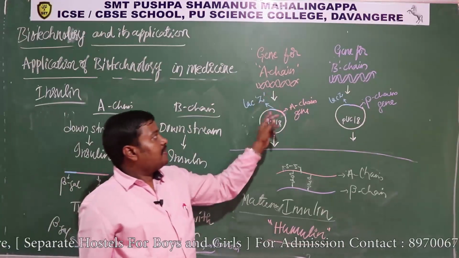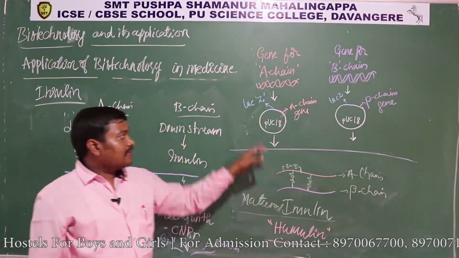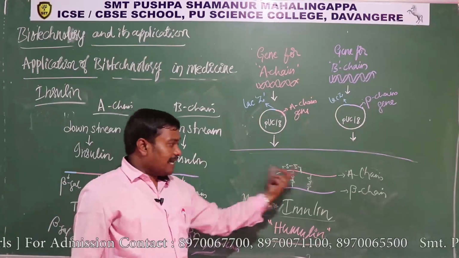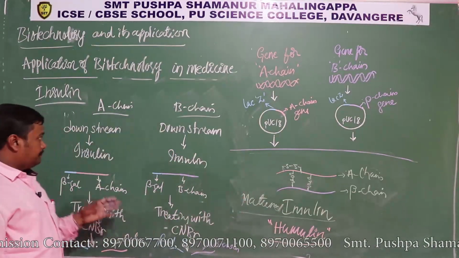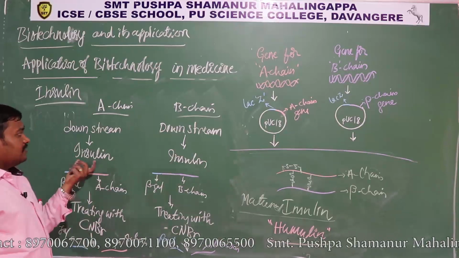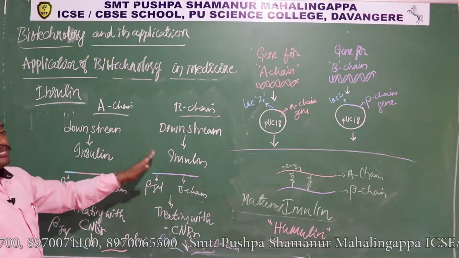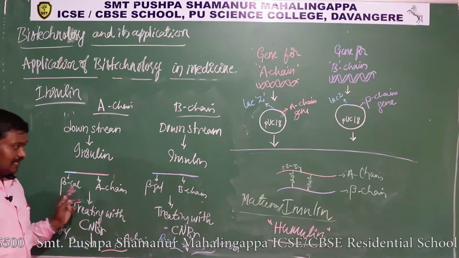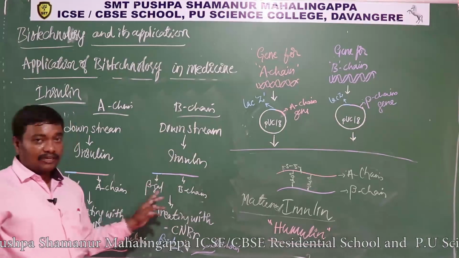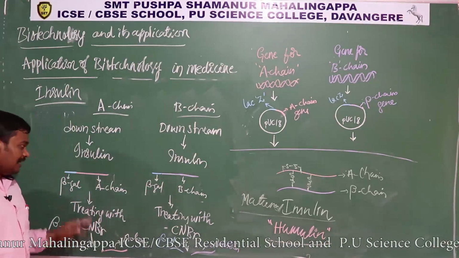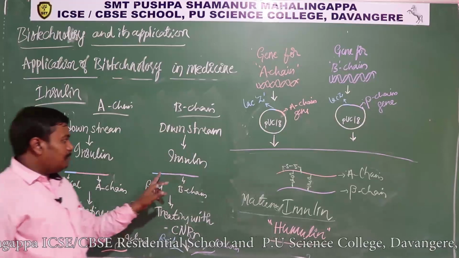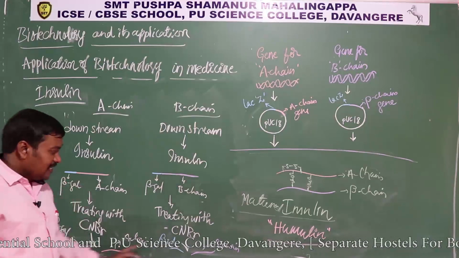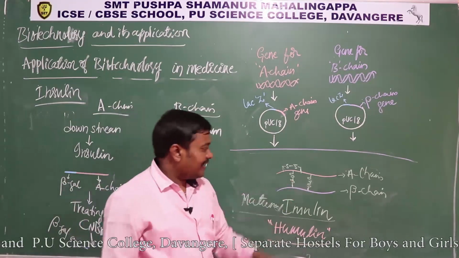They inserted this A chain and B chain separately into the PUC18, and the plasmid is introduced into the E. coli bacteria separately, and they grow this bacteria in a bioreactor separately. Then through the downstream process they isolated the insulin, consisting of A chain and B chain separately, but the A chain is provided with beta galactosidase. Similarly, B chain is also attached with beta galactosidase. Now they treated with CNBr to remove beta galactosidase from A chain and from B chain separately. So after separating A chain and B chain, they created a disulfide bond.